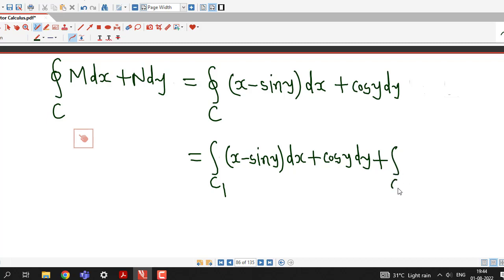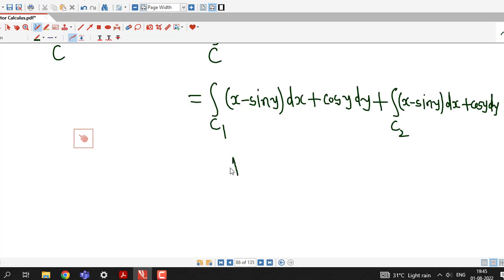Similarly, integral along C2 of x minus sin y dx plus cos y dy, plus integral along C3 of x minus sin y dx plus cos y dy.